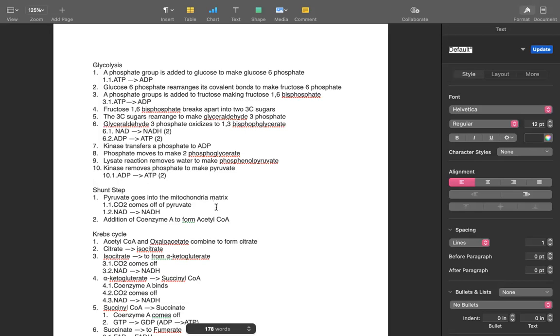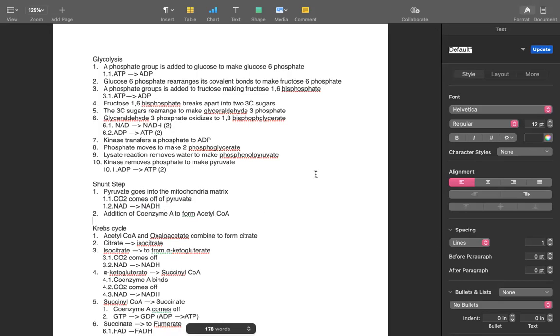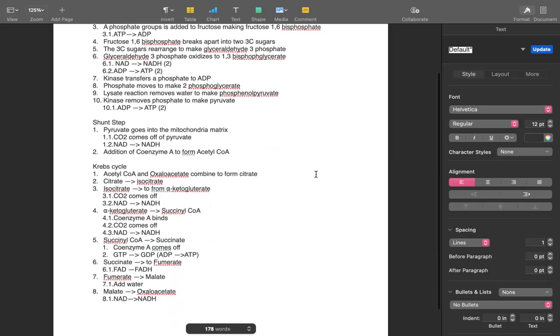So it goes through a transport protein, and as soon as it enters the mitochondrial matrix, a carbon dioxide comes off the pyruvate, and then hydrogen from NADH comes off as well. So we are making NADH. When this happens, we also have the addition of coenzyme A, and this forms acetyl-CoA, which is the molecule that then goes into the Krebs cycle.